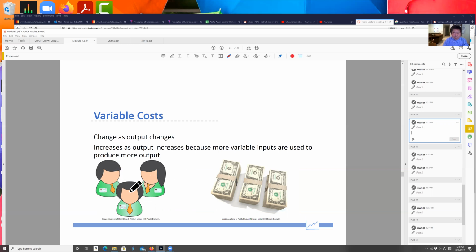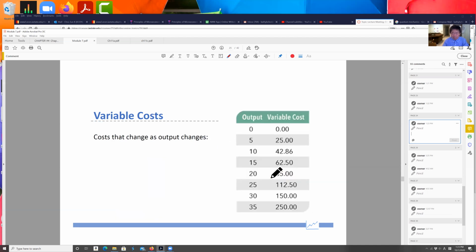And you can control the quantity or the number of these workers, and they're called variable costs. As output increases, you need to hire more of these workers, and production cost rises. And that part of costs that rise with output are called variable costs, okay?